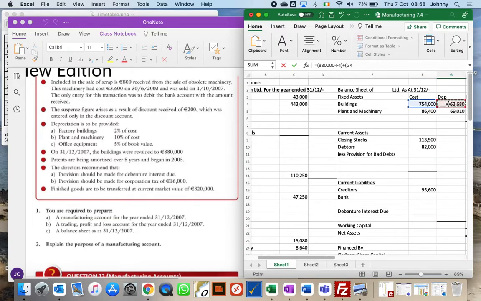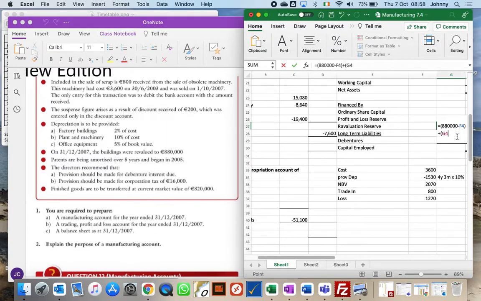So that figure there is 53,680. So that's my revaluation reserve.